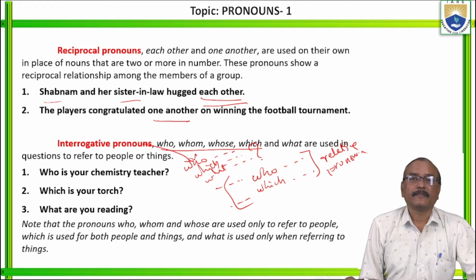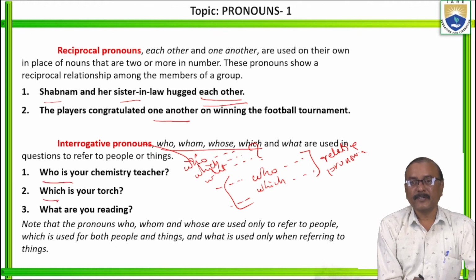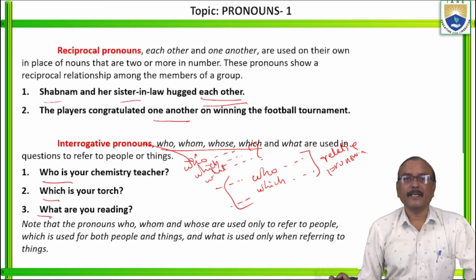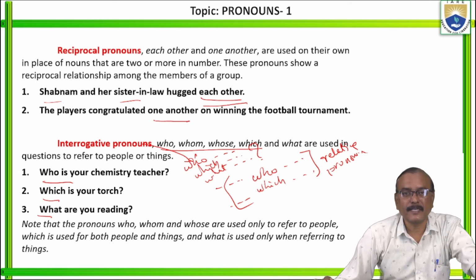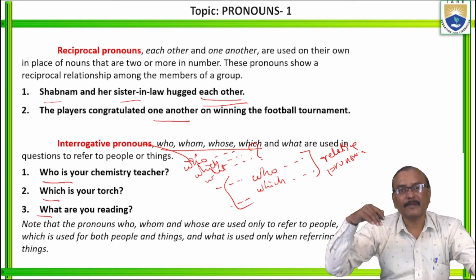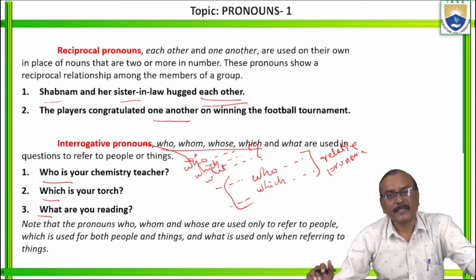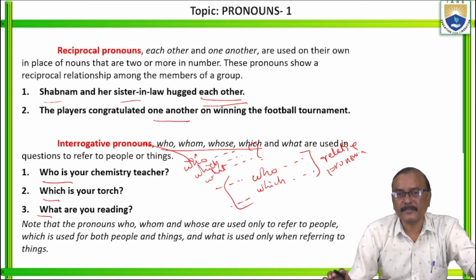Is it clear? Right? Who is your chemistry teacher? Which is your torch? What are you reading? These are called interrogative pronouns. Who, which, what, that's all. Why, where, how come under adverbs. Who, which, what are the interrogative pronouns.